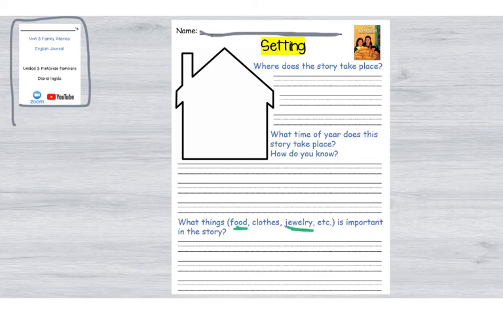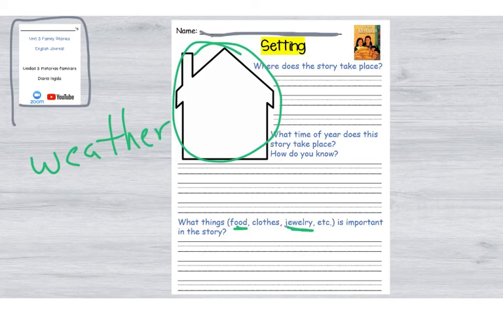The last step is this house here. You need to draw a picture. So you're going to draw a picture of the setting, some of the things. I want you to draw a picture of the weather. So is it raining? Is it snowing? Is it sunny?